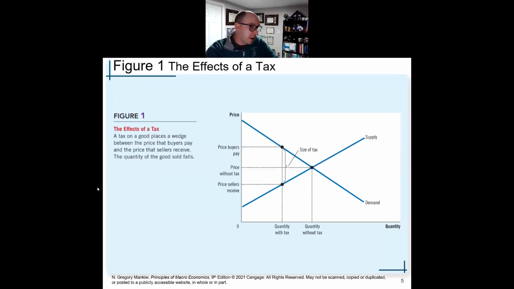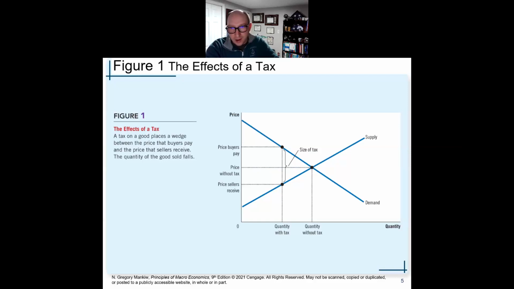Let's take a look graphically at the effect from taxes. So here we can see a supply and demand graph. On our y-axis, we have the price. On our x-axis, we have the quantity. We see the price paid without tax at the point of equilibrium, okay? When we include tax, the price paid, of course, is higher.